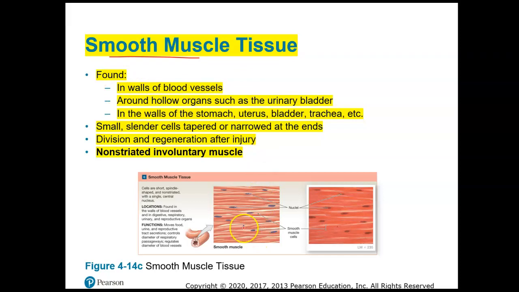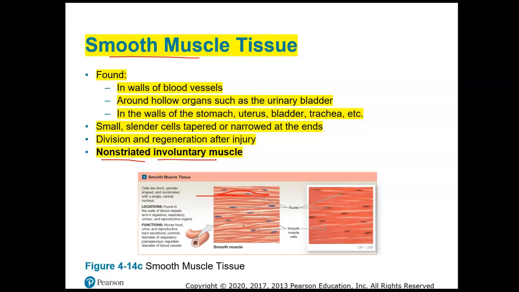All right, smooth muscle is the one that you probably have to think about a little bit, because you know cardiac is the heart, you know skeletal muscle is the muscles that are connected to bones, but smooth muscle you may not have heard much about. This is an individual smooth muscle cell. I'm going to try to trace it. See how it tapers at the ends? So smooth muscle cells are non-striated. You don't have striations in smooth muscle.